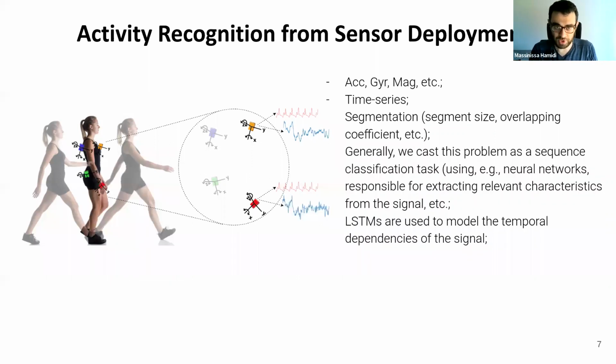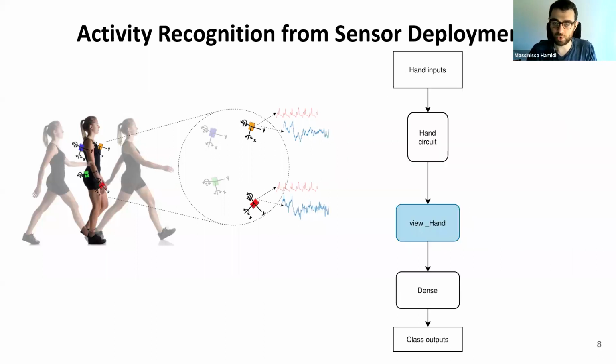After this, we generally cast the problem of activity recognition as a problem of sequence classification with, for example, neural networks or any other methods that are based on the extraction of relevant characteristics from the input sensory signals.